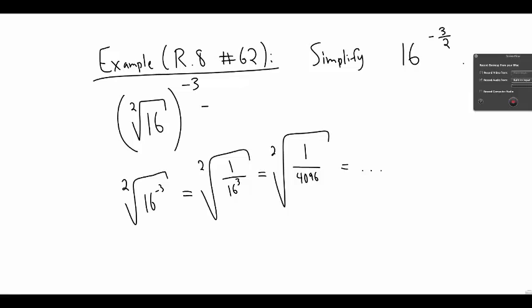Let's see what happens this way. The square root of 16, positive 4, to the negative third power. By laws of exponents, 1 over 4 cubed. 4 cubed is 64.